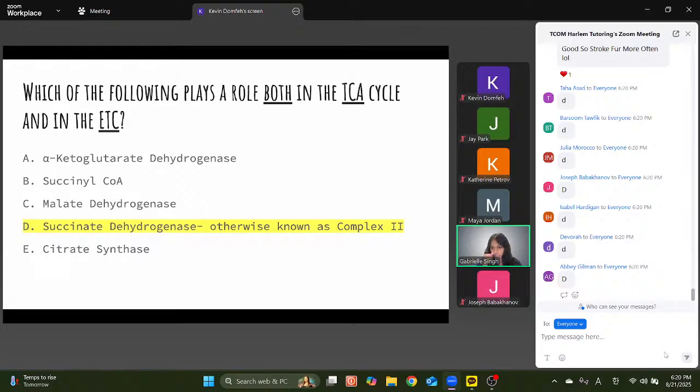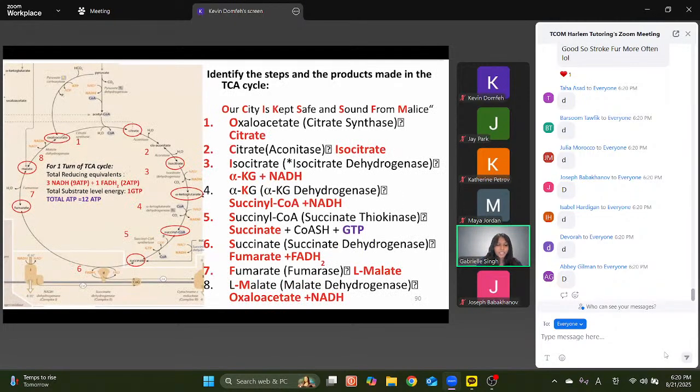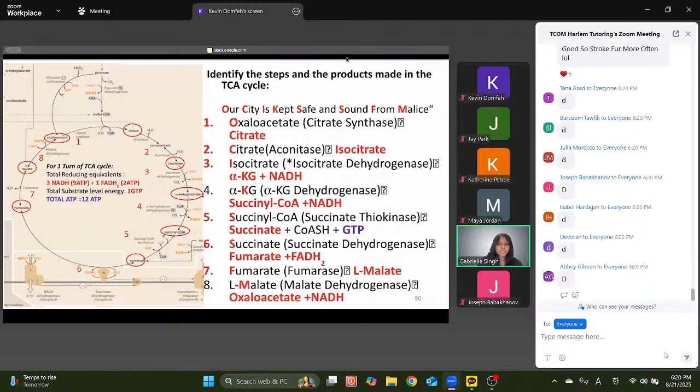If you go back to the last slide, it's at the bottom, it's number 6. You can see it's part of the TCA cycle. Succinate dehydrogenase is also known as complex 2 of the electron transport chain. So that is why D is correct. Okay, we can move on.